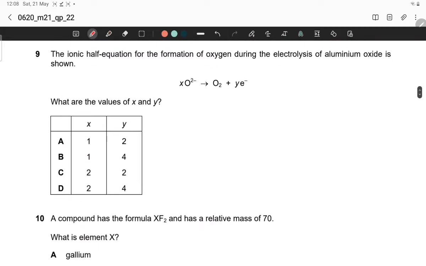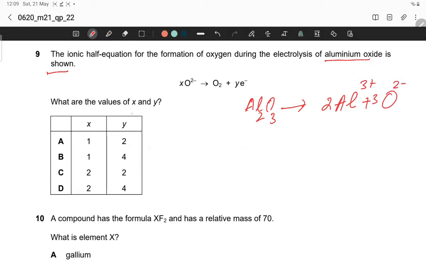The ionic half equation for the formation of oxygen during the electrolysis of aluminium oxide is shown. What are the values of X and Y? Aluminium oxide when melted, Al2O3, gives 2Al3+ ions and oxide ions, 2-.